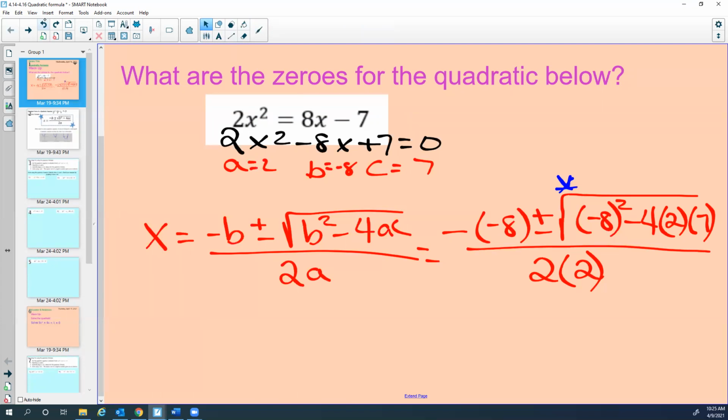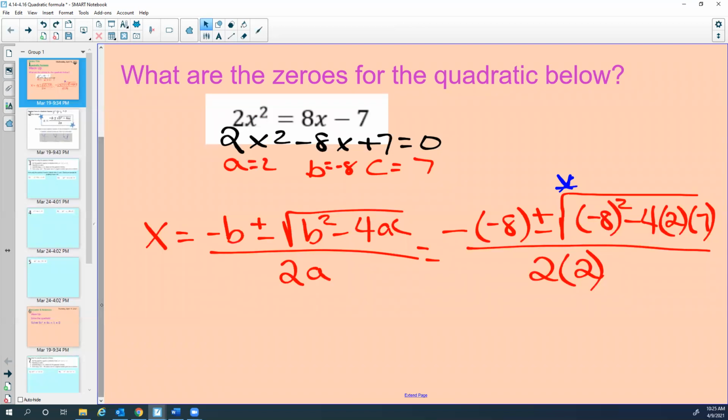So for us, we have negative 8 squared, which is going to be a positive 64, minus 4 times 2 times 7, which equals 8.